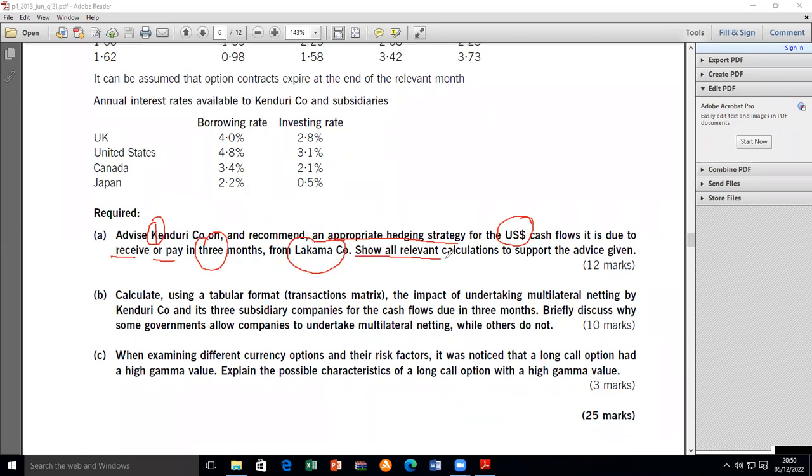Show all relevant calculations to support the advice that you are going to give. So remember that the question says you must give advice. And this advice will be based on a calculation or numeric analysis.